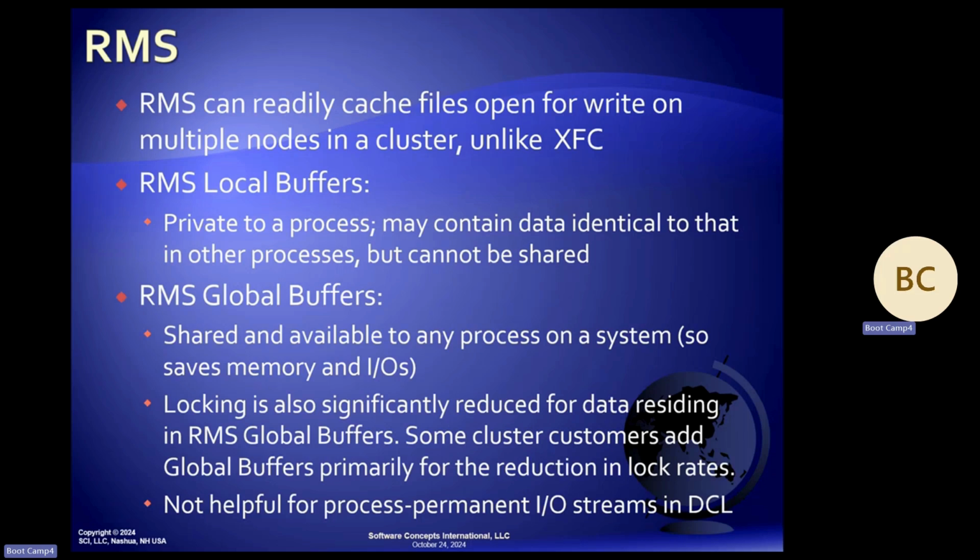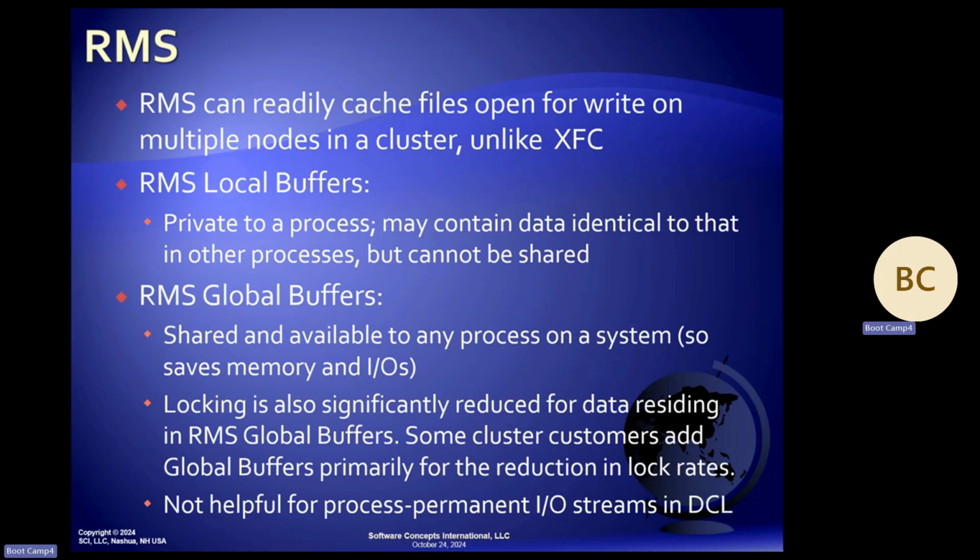If you've got a lot of processes reading the same file, they may contain the same data blocks from the file, but they can't share them because they're a local buffer. RMS global buffers, on the other hand, can be shared and available to any process on the system. So by putting data into global buffers, you may actually save the total amount of memory that you're using to buffer those. Plus, you only have to read it once instead of once per process.